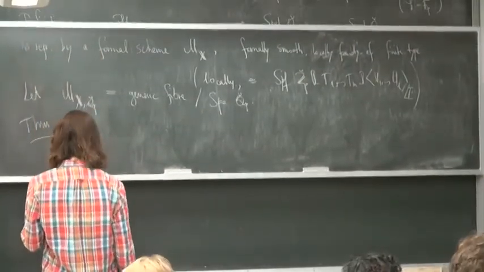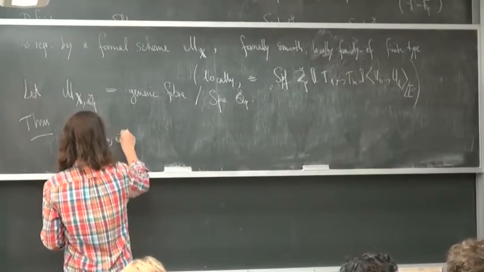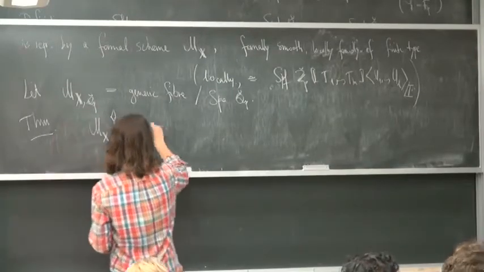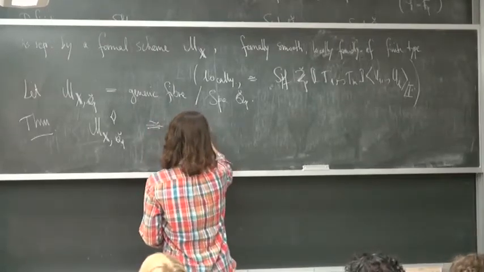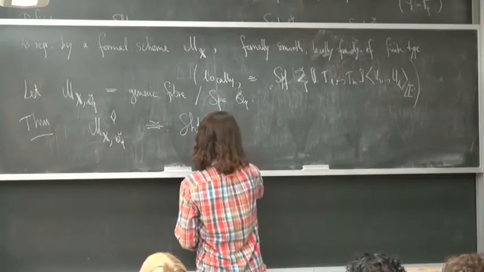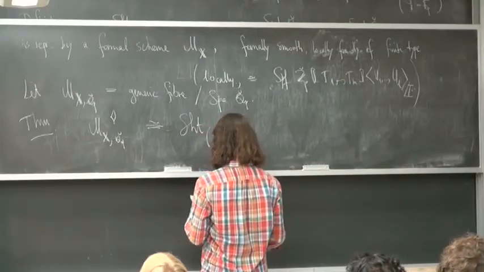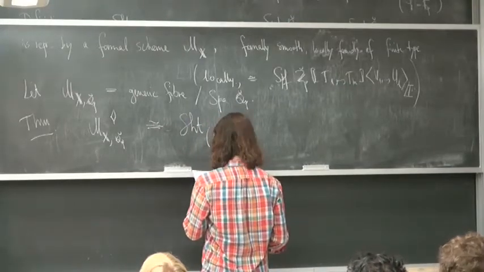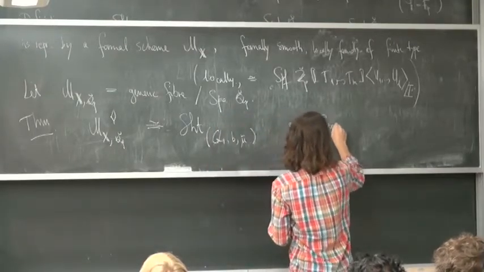And then the theorem is that if I take the associated diamonds, this really gives this space of shtukas. Do I need any more decorations? I think it's okay.